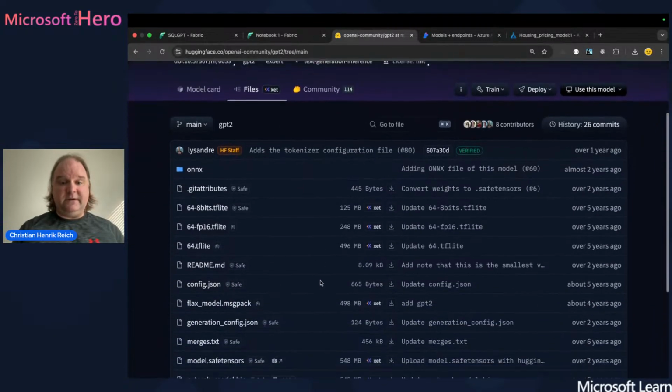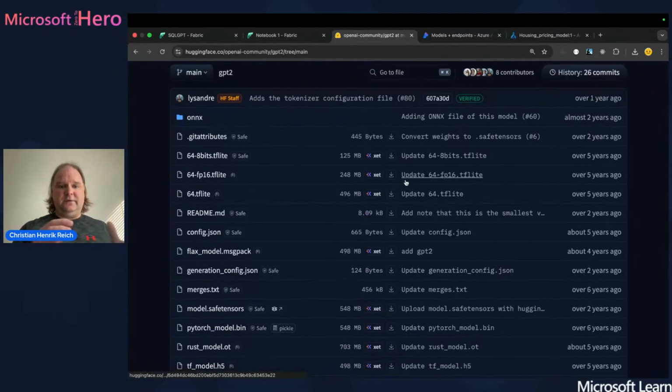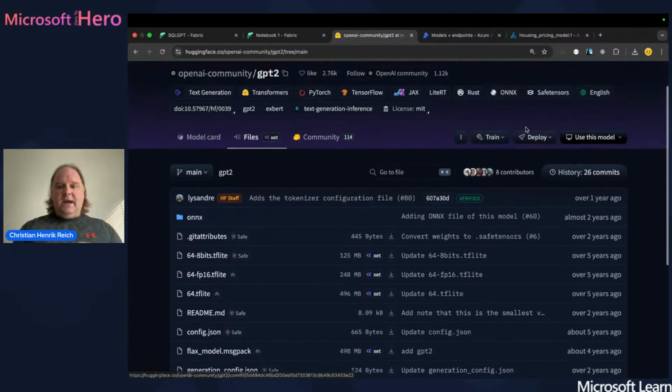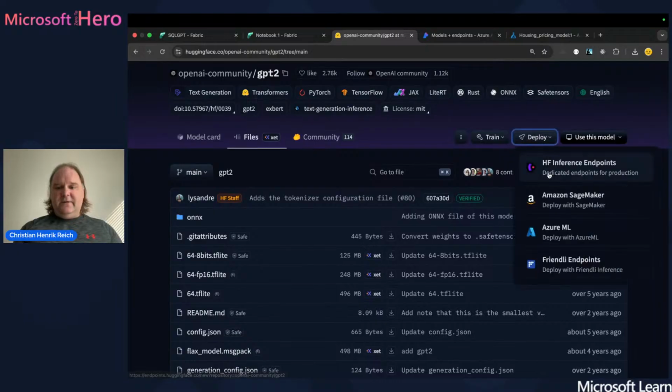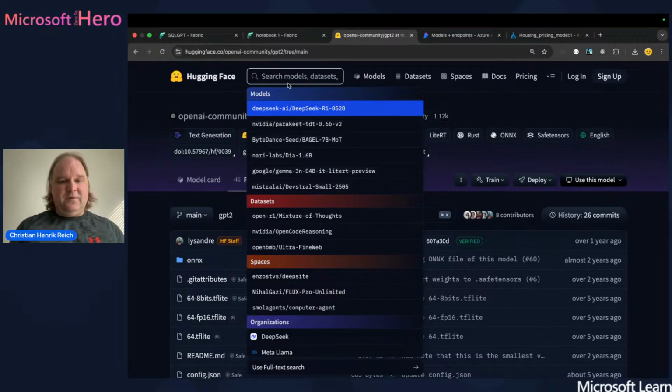It actually builds on Git. We can see some ONNX files, which I showed early on, and we can deploy it to Azure ML from here. So we have very easy access to these models, and they have all kinds. DeepSeek is very popular, I guess that's why it's at the top.